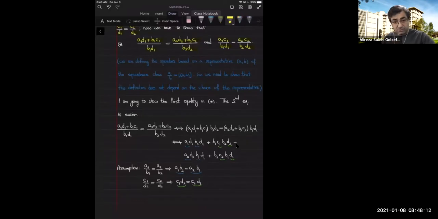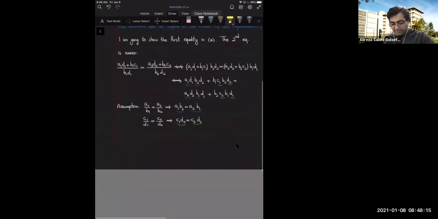So let's start checking why I have this property. Why is the fraction (a1 d1 plus b1 c1) over b1 d1 the same as this one? But remember, two fractions are the same precisely when the numerator of the first one times the denominator of the second one is the same as the numerator of the second one times the denominator of the first one.